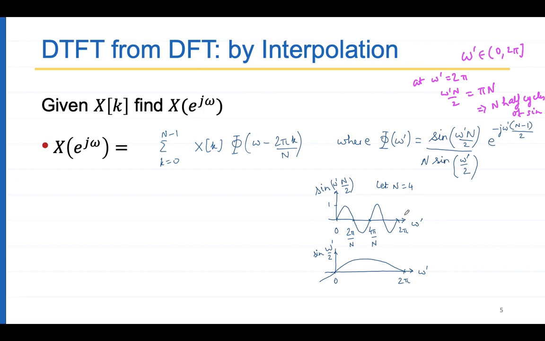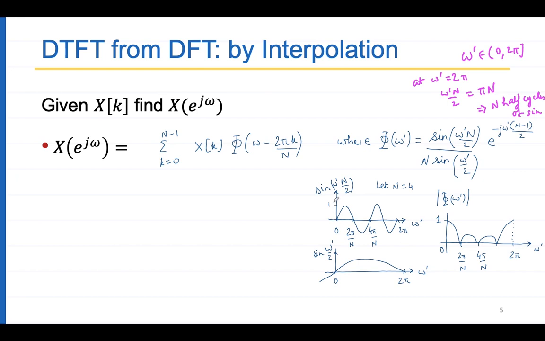Okay, so let's plot the magnitude of this beast. It looks like this. Here your numerator is 0, here it is 0, here it is 0. So you get zeros here. Because it is just magnitude, these negative terms also become positive.